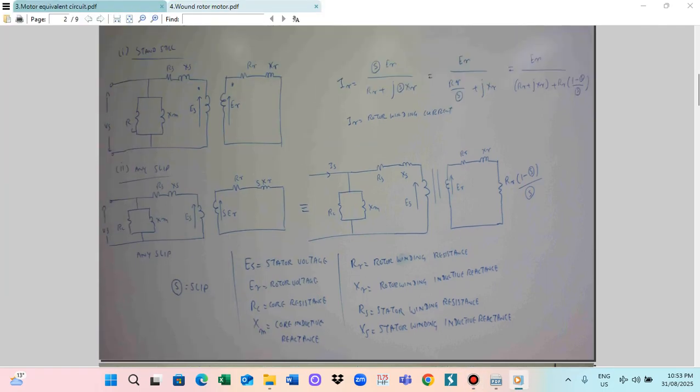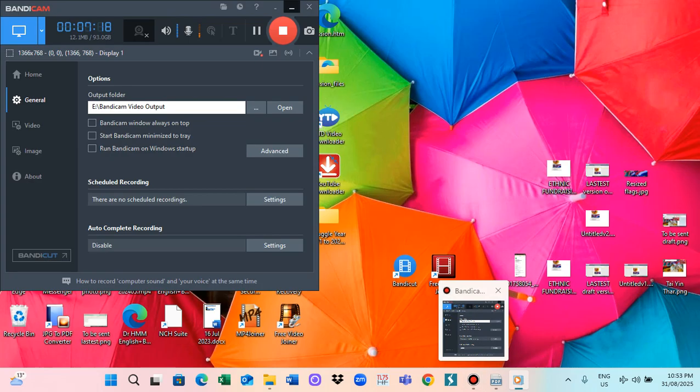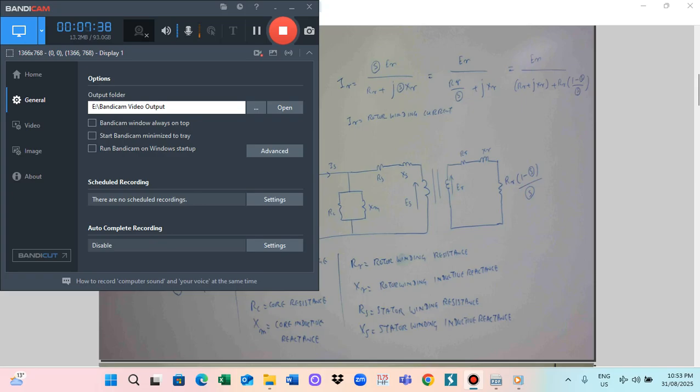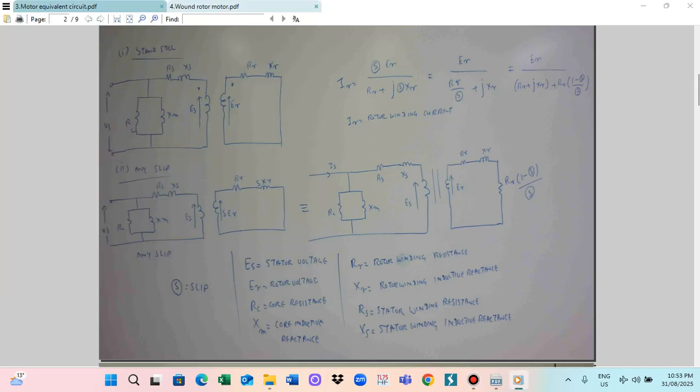So this means that we can provide the winding resistance here. So this is the RS plus RR by S. And this is also the XS plus XR. And this one we use the core resistance RC and core inductive reactance XM. So supply voltage we use the VS.